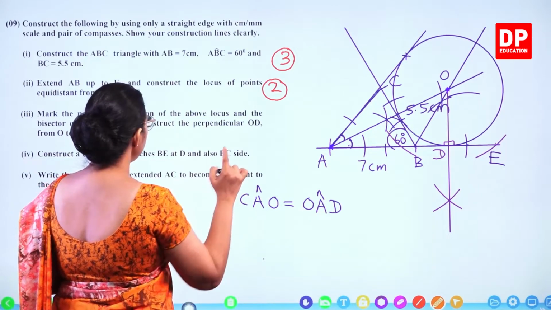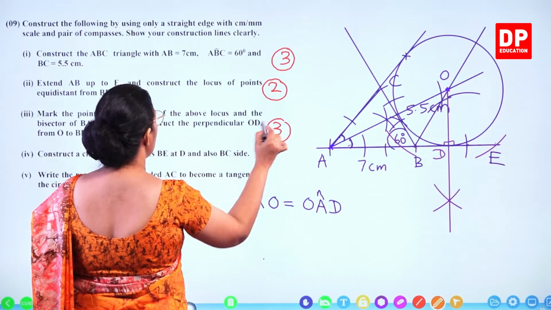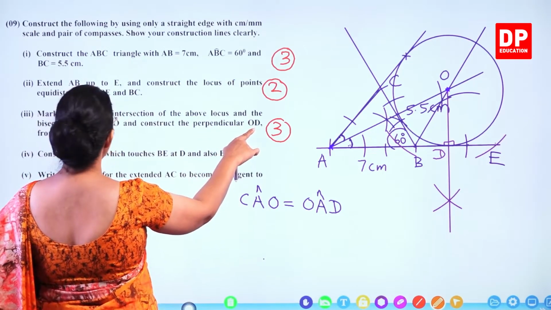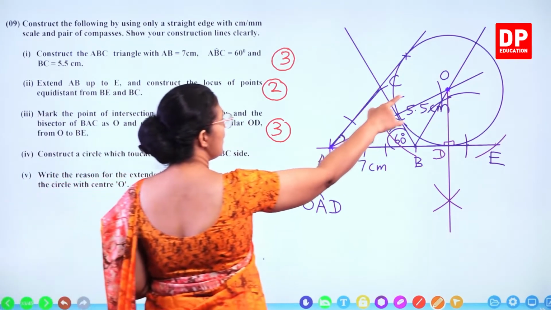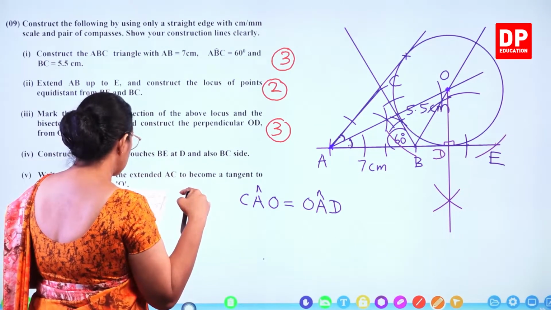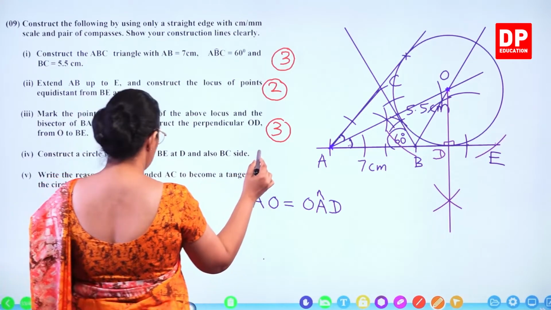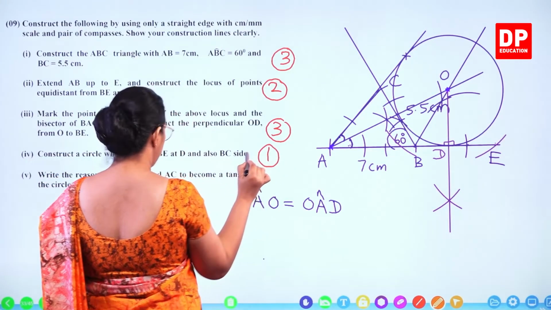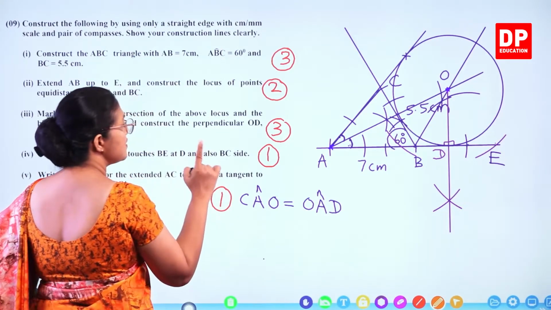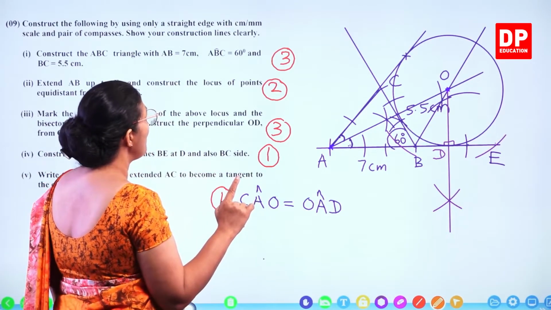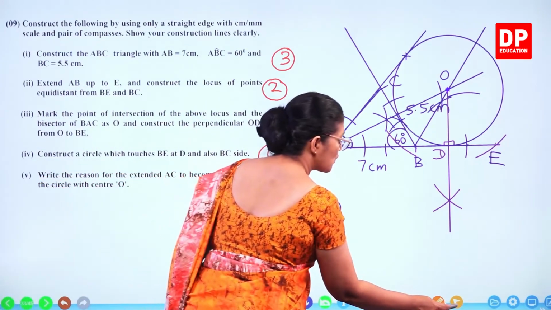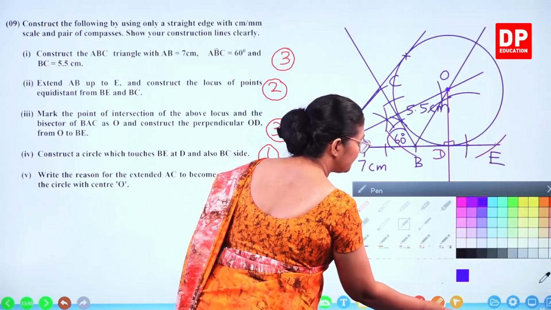And 3 marks for drawing the circle, drawing the perpendicular from O to D. And constructing the circle, 1 mark. And giving the reason why this AC is a tangent, 1 mark. 3, 5, 8, 9, 10. 10 marks for that question.